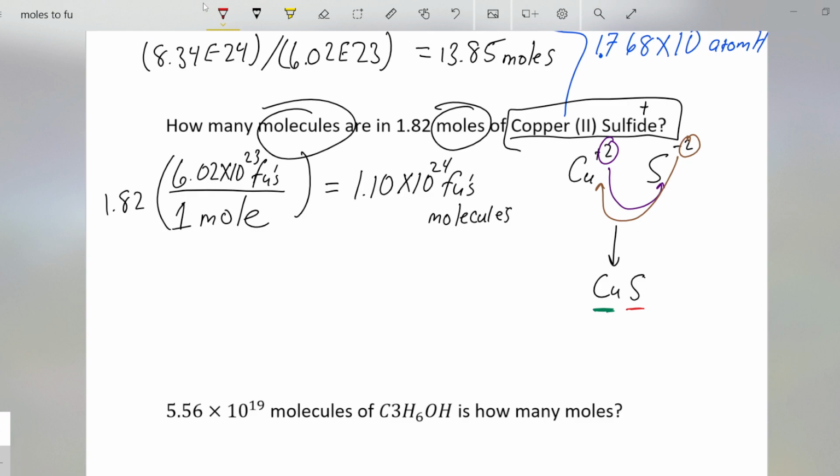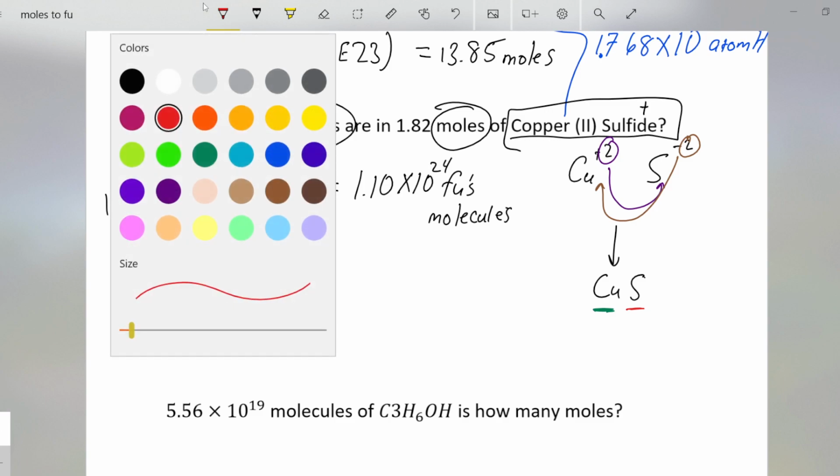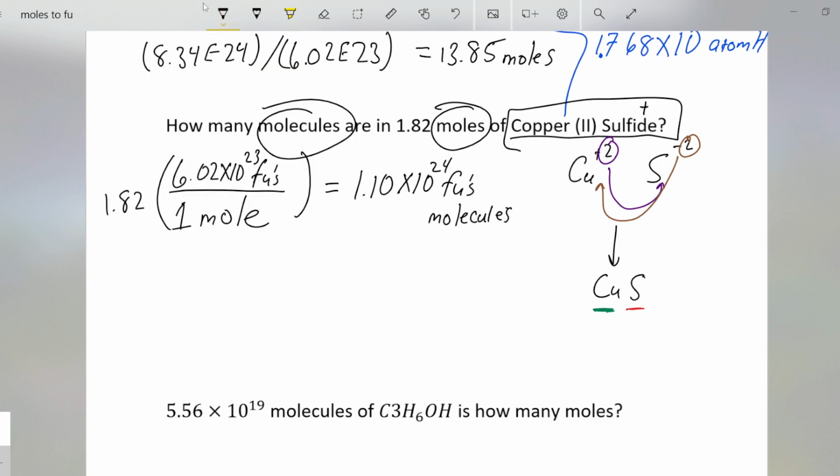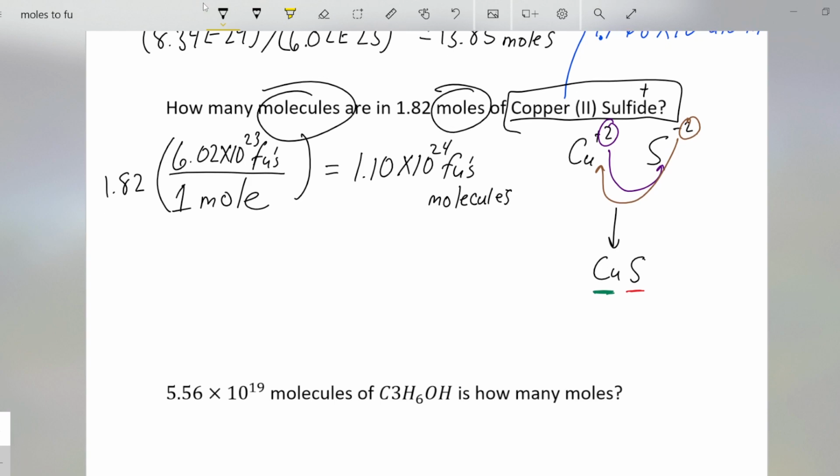If I wanted to know how many red balls there were, it would be 5 times 1 is 5 red balls. So similarly, we have a total of 1.10 times 10 to the 24th cups, right? These molecules are our cups, and each molecule has a green and a red ball. To calculate the total number of copper atoms, I would take my number of copper atoms in each cup and multiply it by the number of cups.